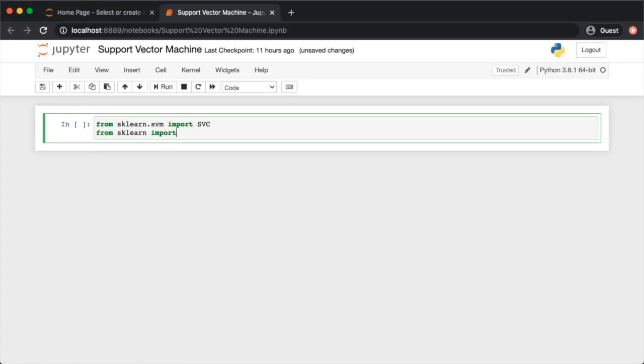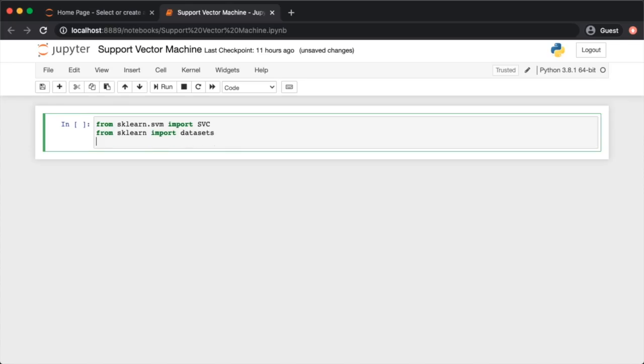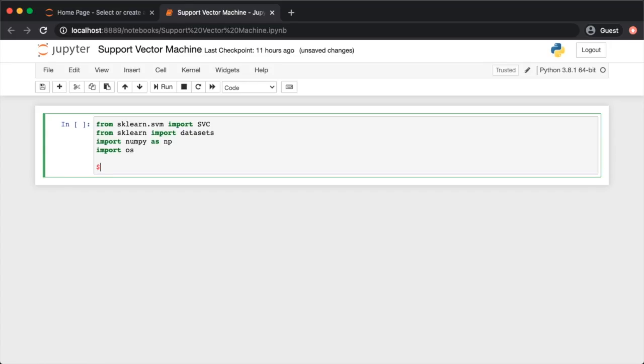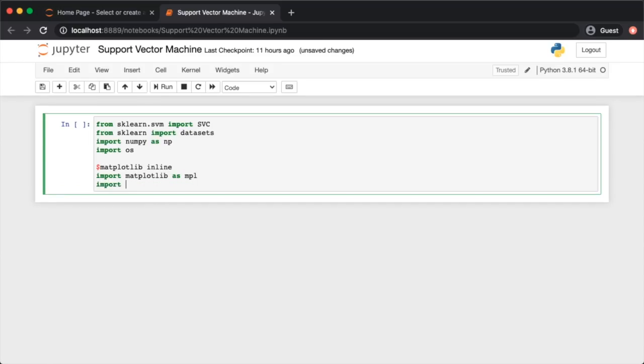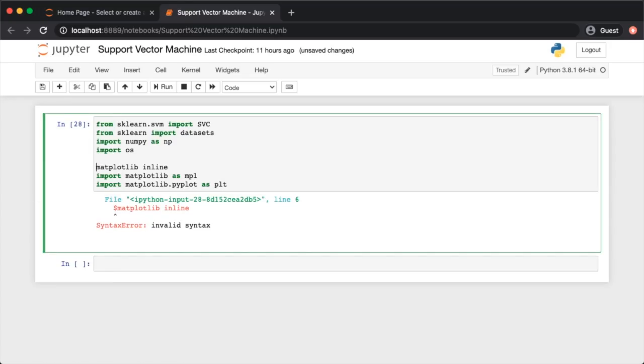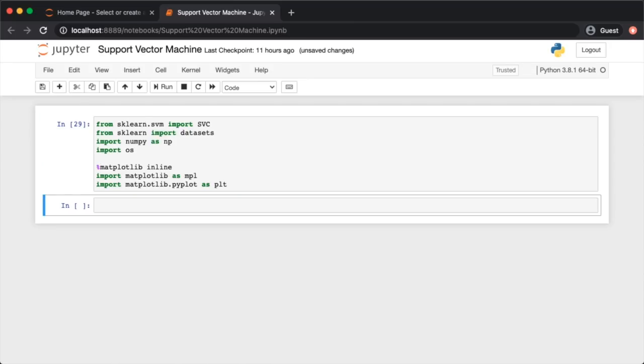Also going to import some datasets. I'm going to be needing NumPy. And for plotting, I'll use the matplotlib inline, and we'll import matplotlib as mpl. And from matplotlib, I'll be needing the pyplot. Okay. So this is a percentage sign, not a dollar sign.